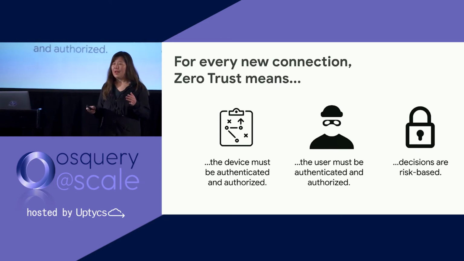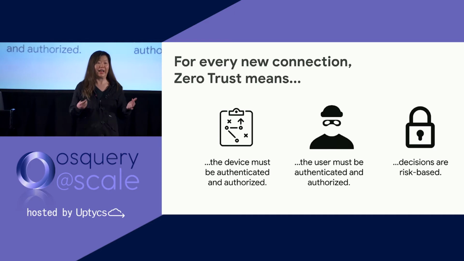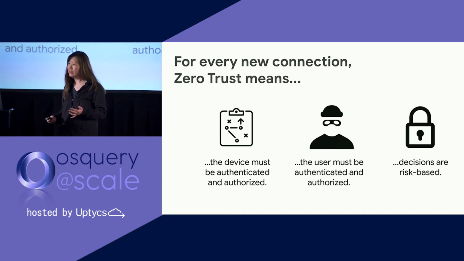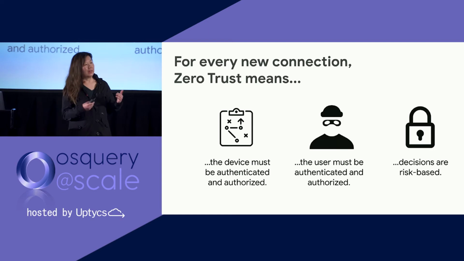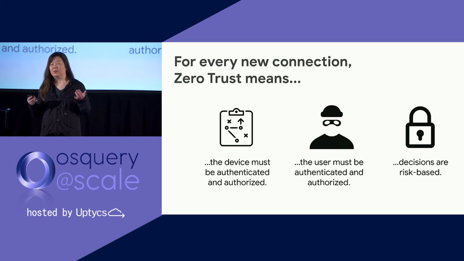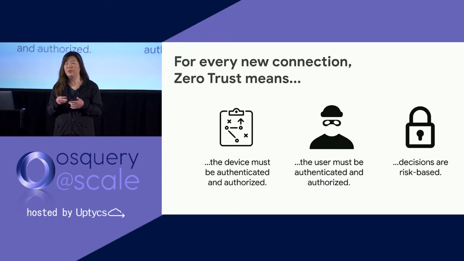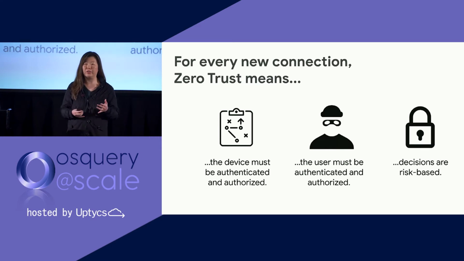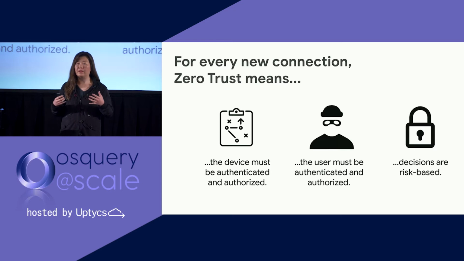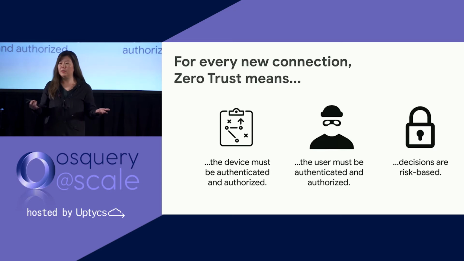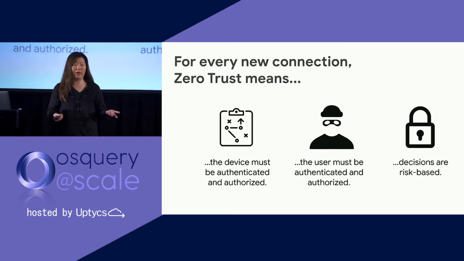So, I think a lot of people have a lot of different ideas about what Zero Trust is. So I just want to make sure that we're at least on the same page. By industry standards, what's accepted as Zero Trust is that every user that is authenticating, with every device that they might be using, is all taken into consideration in a risk-based way on whether they get access to that asset that they're trying to access.